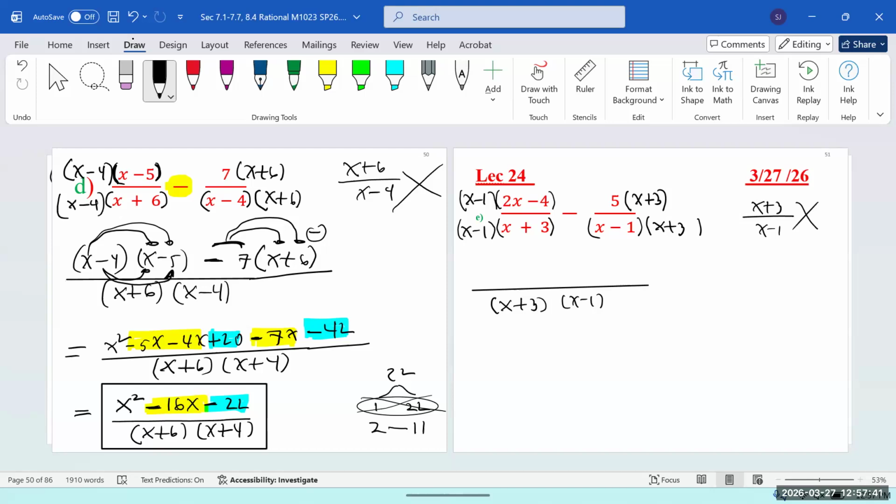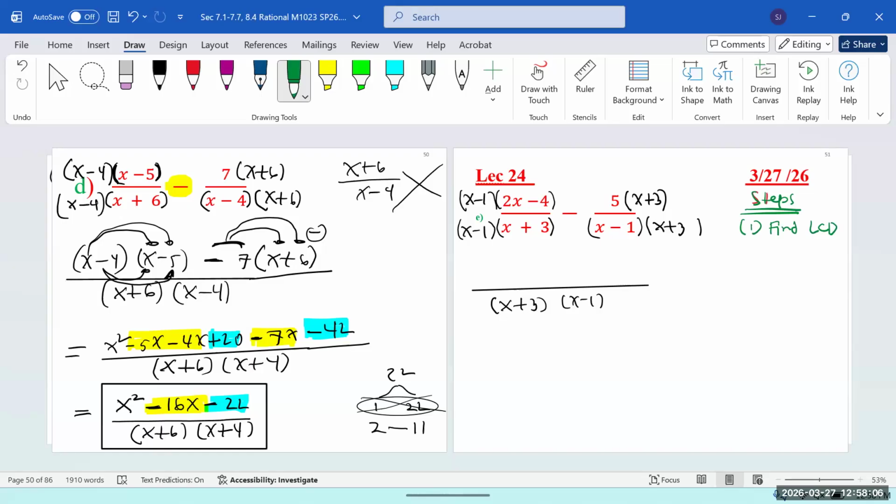So step 1, find the LCD. Let me write down the steps here. We have to look only at the denominator. LCD means the denominator.